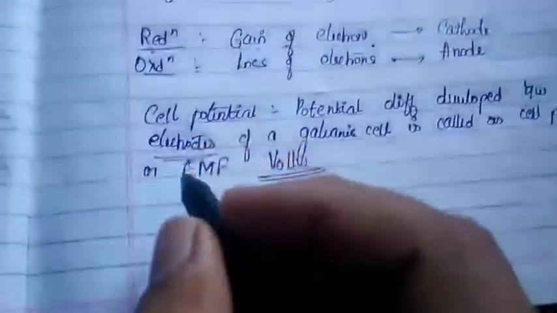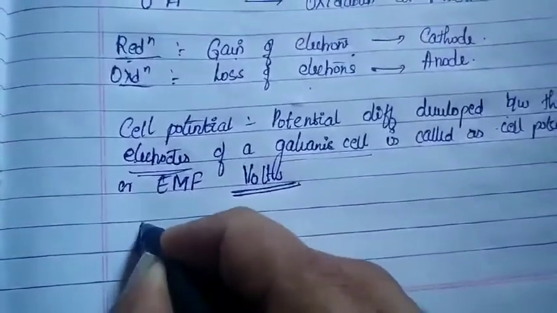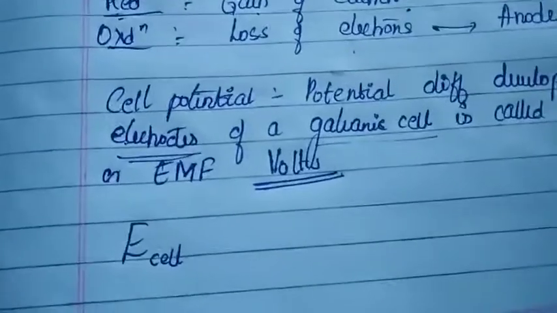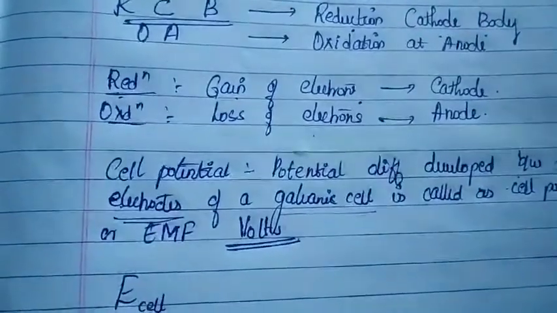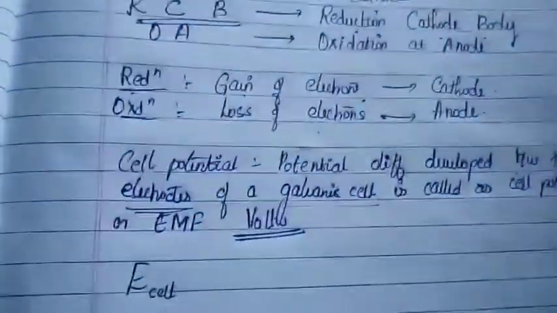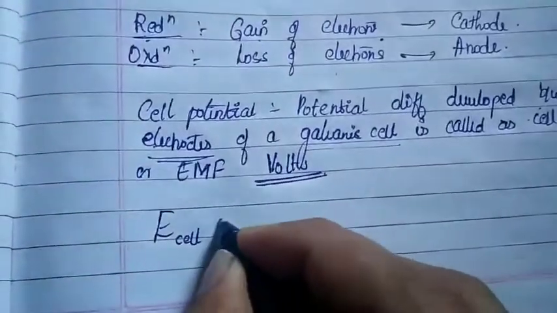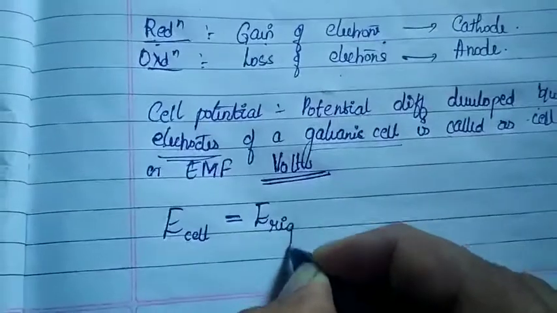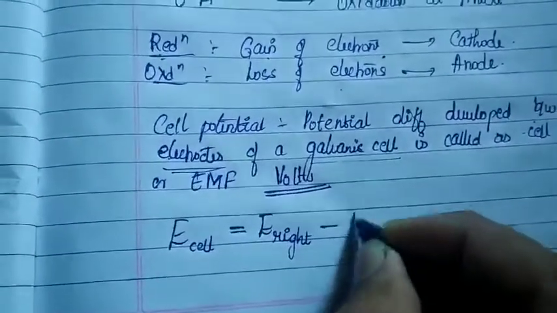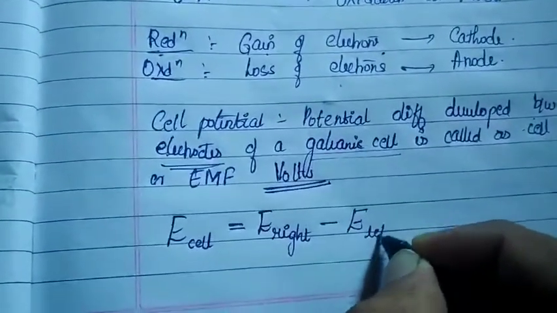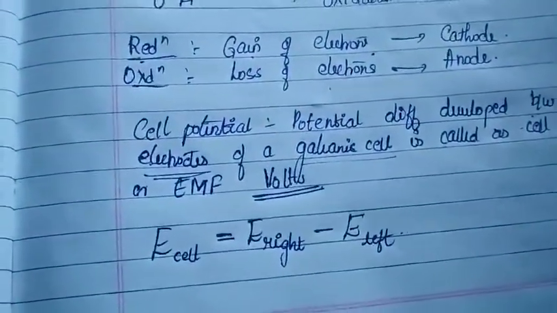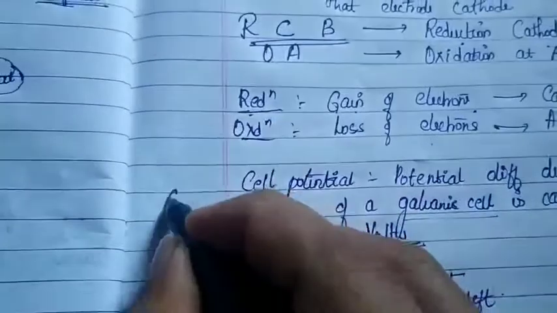And the formula is E cell, very much what you can call comedy. You can get a smile on your face by seeing the formula, because E cell equals, I will be writing it as, E right minus E left. E right minus E left. Of course, two emojis will now be in your brain. One emoji will be like this.